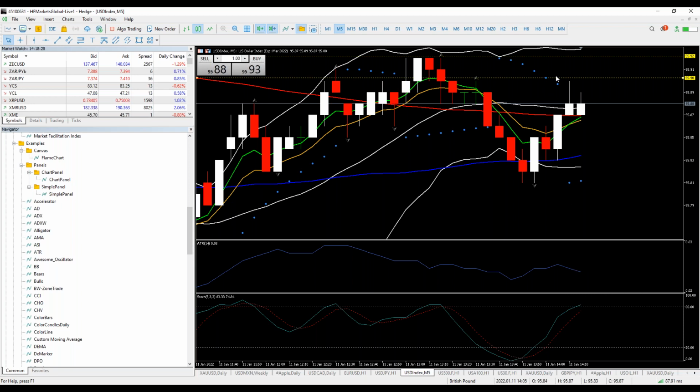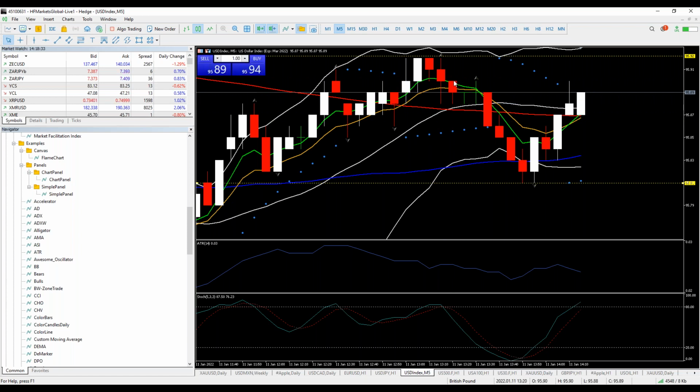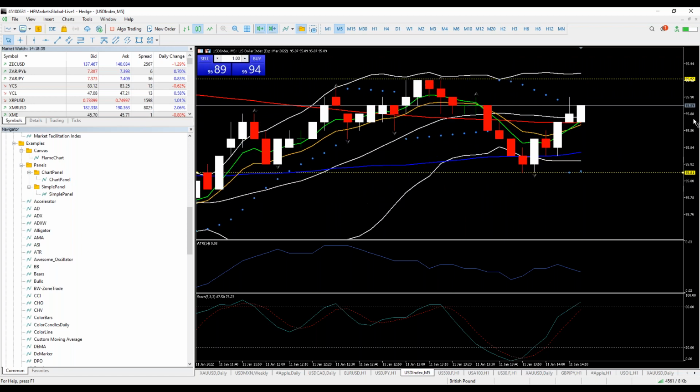So once the asset breaks the immediate support and resistance levels that we have identified, you can use for a trailing stop the 5-minute ATR, which says 3 pips movement.